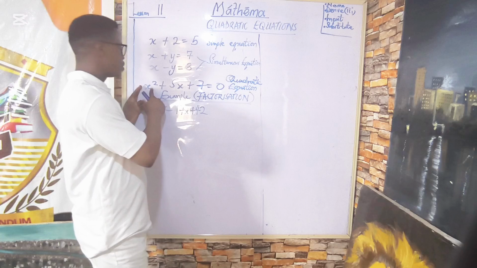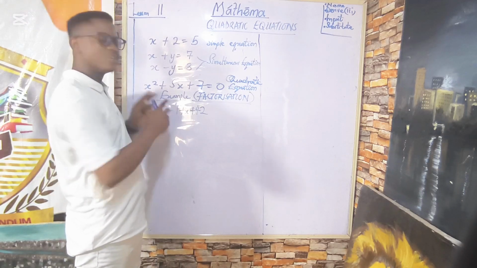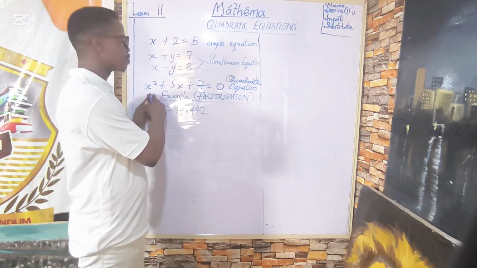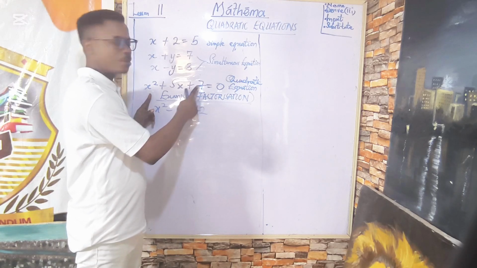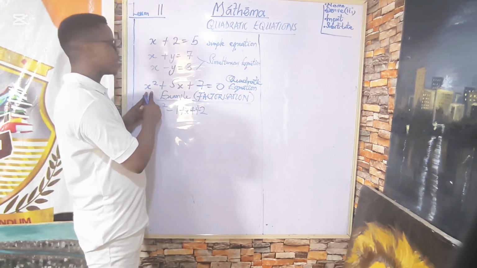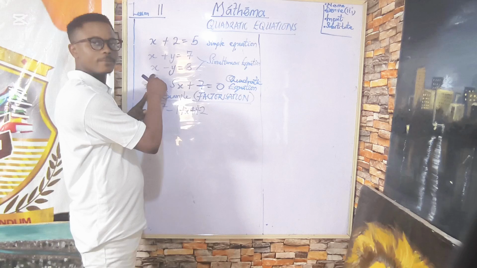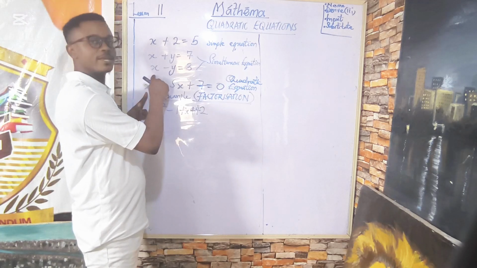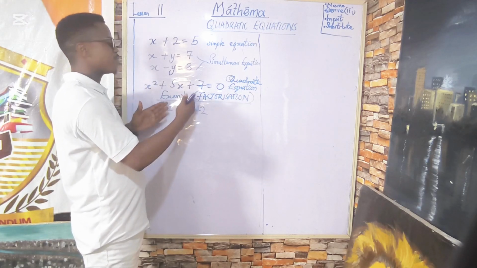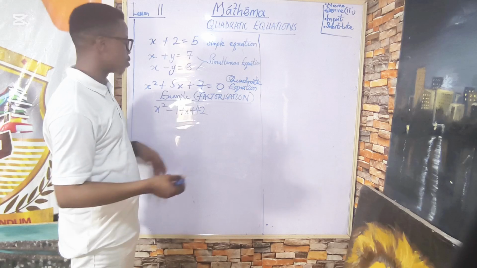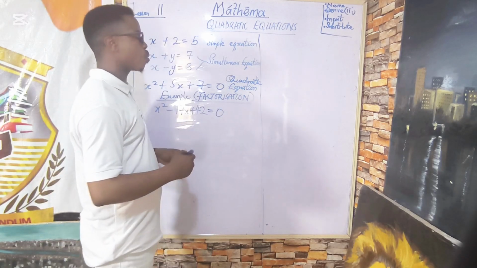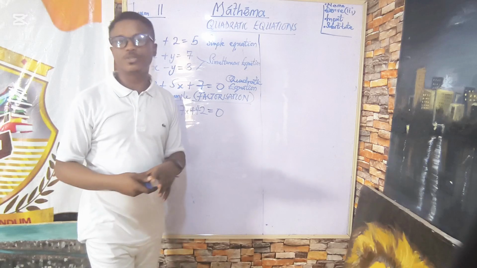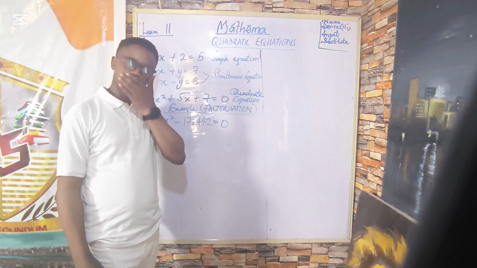In the quadratic equation, this is the first term, this is the second term, and this is the third term. You will always discover that the first term comes with a square. And then you have 5x plus 7 equal to 0. So here we have a quadratic equation, and we're going to be solving this shortly.